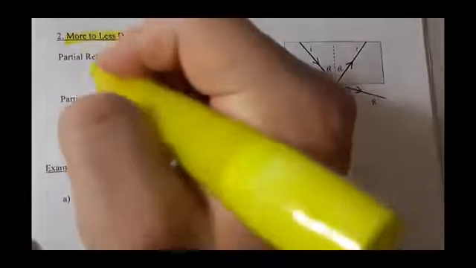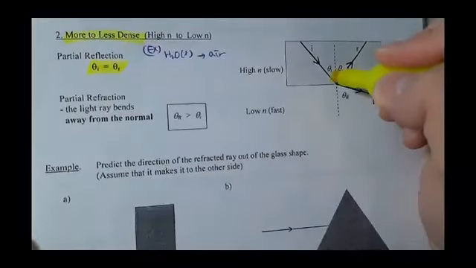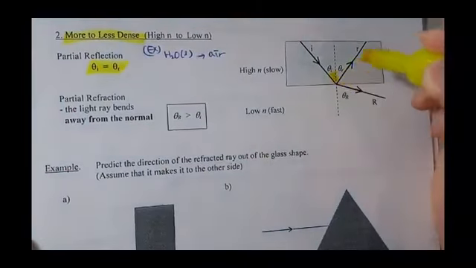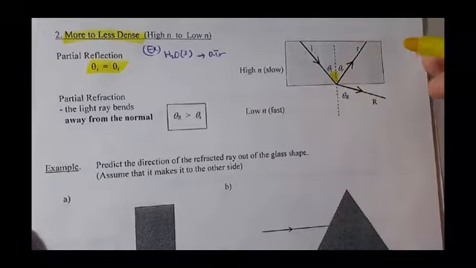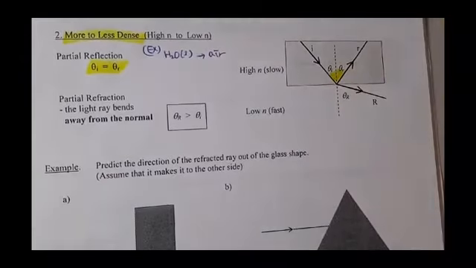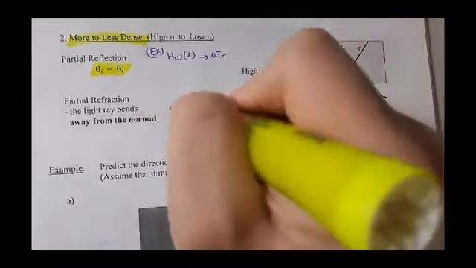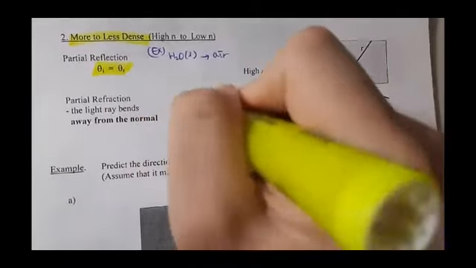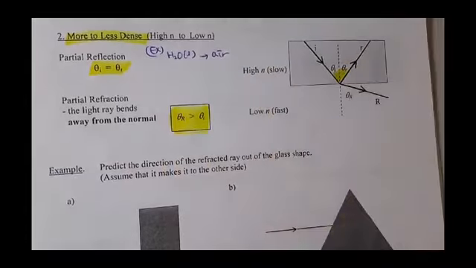Still, the law of reflection works the same. So if it happens to reflect, you know that this angle over here, incident and reflected, are identical. However, because it's more dense to less dense, you have more freedom of going out.